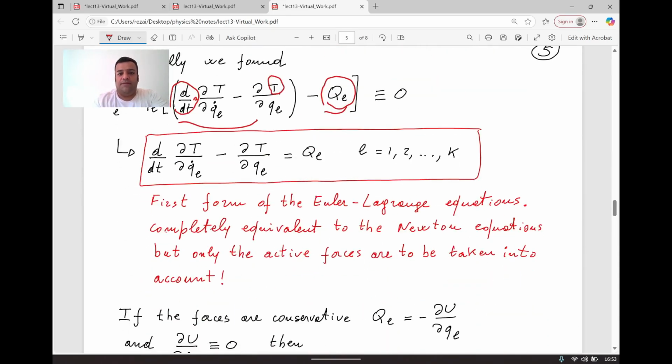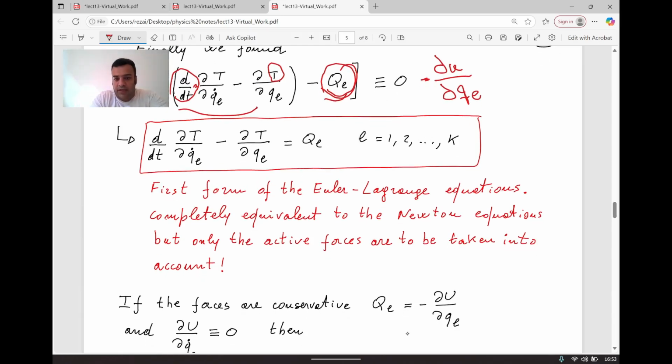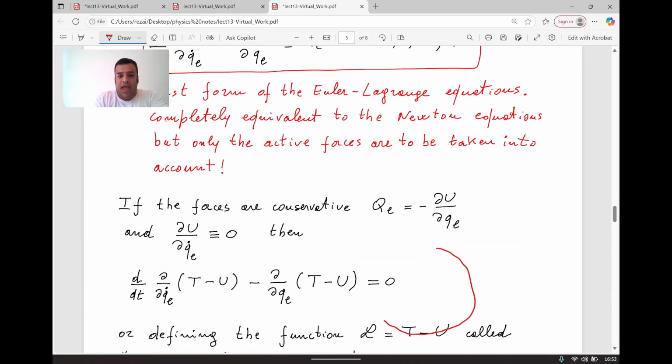But instead of these, what can we write? du dqi with a minus. Yes, because I told you the derivative of potential energy is exactly F, and instead of QL we can write this. Okay, I write it here. Yes, therefore we can add to both sides, because the potential energy depends just on qi, guys.